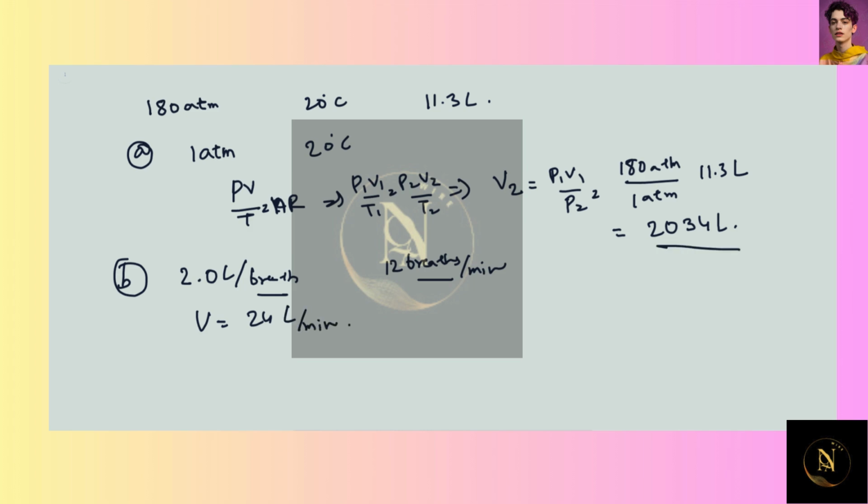So now that we have 2034 liters, the amount of time it will sustain us is simply 2034 divided by 24. Notice the units, liters and liters per minute. Our liters get cancelled, and our answer is simply 84.75 minutes, which is about 85 minutes, or 1 hour 25 minutes.